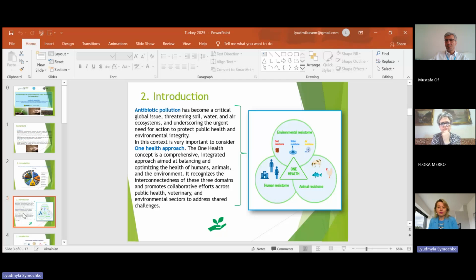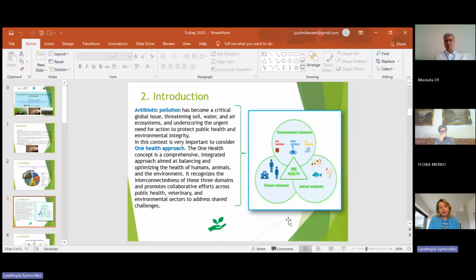So what does it mean? We should consider environmental health in combination with human health and animal health, and as you can see here, formation of human resistance and animal resistance, environmental resistance, including soil resistance, water resistance, and air resistance, are all interconnected.